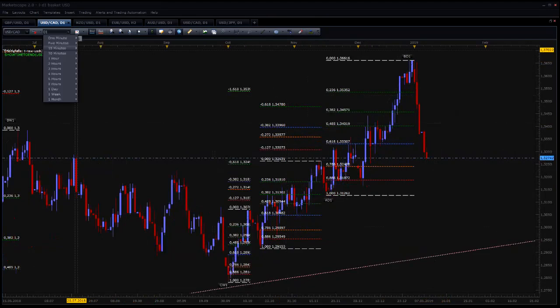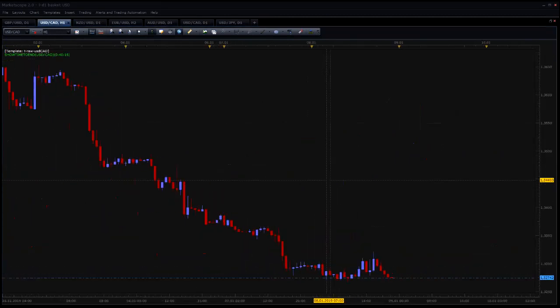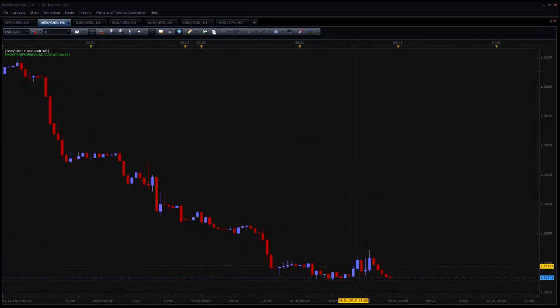You can check how it looks on an hour. And there we go. It formed a bearish engulfing, morning star, and pulled back. Tested the formation. The formation failed. And we're waiting now for a new signal.